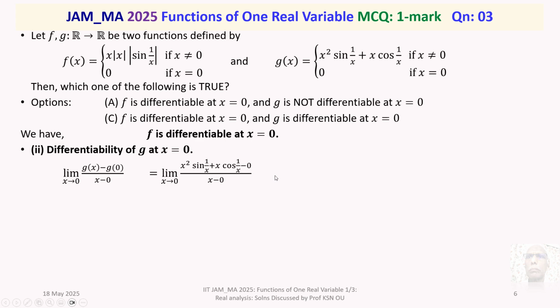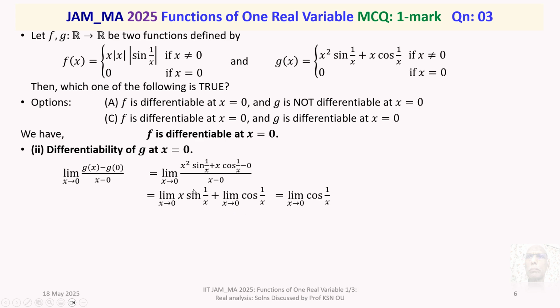And this is the limit x tends to 0 of x square sine 1 by x plus x cos 1 by x, by x. x cancels, and you are left with limit x tends to 0 of x sine 1 by x plus limit x tends to 0 of cos 1 by x after cancelling the x.